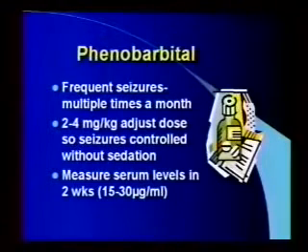You need to see what's going on in the serum, because we want to keep the level somewhere between 15 and 30 micrograms per milliliter. If a dog is difficult to control, it might have to be up towards the 30 end of it. And if they're easy to control, they might control at 15. But we need to find the range in which the seizures are controlled for this animal, and you need to do the serum levels to do that.